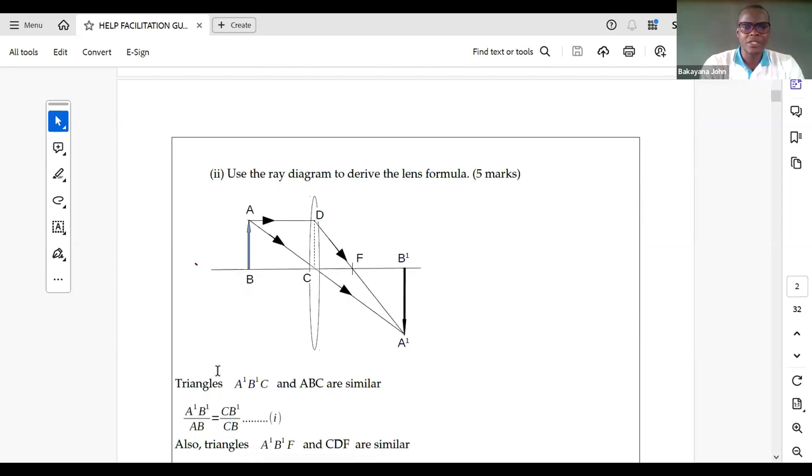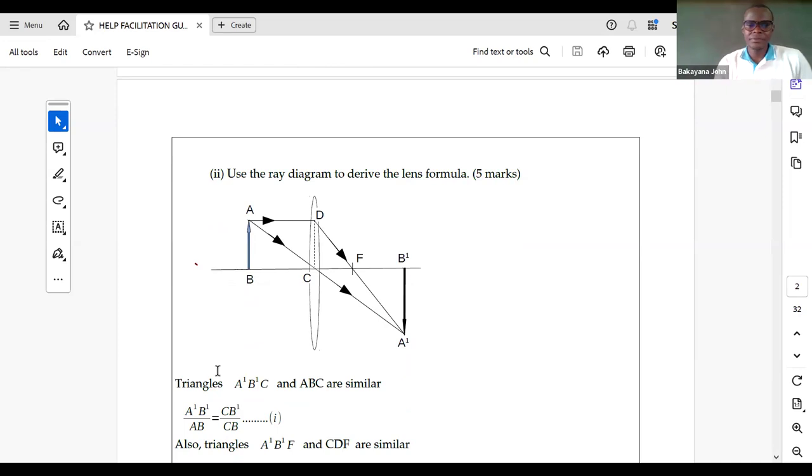Now, in this, I was very specific. They said use a ray diagram, not the one from the past, maybe part 1. So it was not a must that you use the very ray diagram that you drew the other time. So that's why I chose to use a different ray diagram.